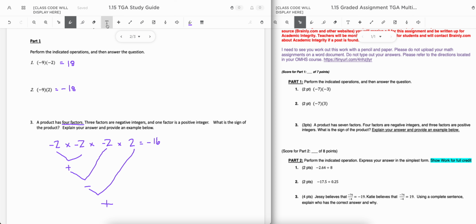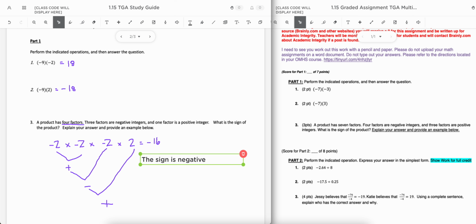Okay, so I'll use my text tool here. And it says, what is the sign of the product? So the sign is negative. And then it says, explain your answer and provide an example below. So that was our example, and we just have to explain.